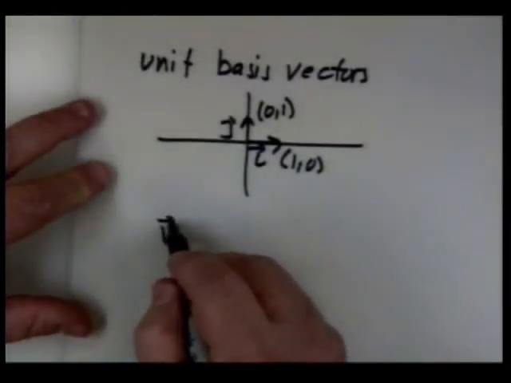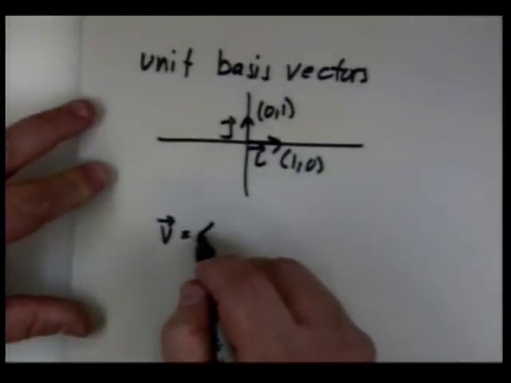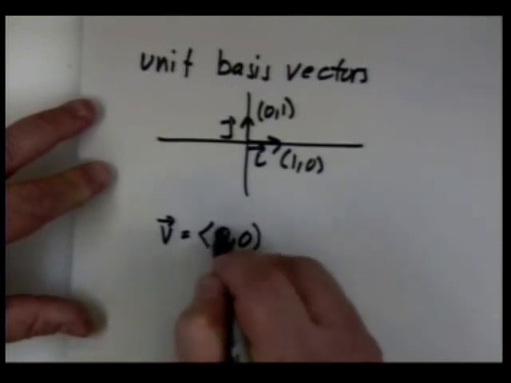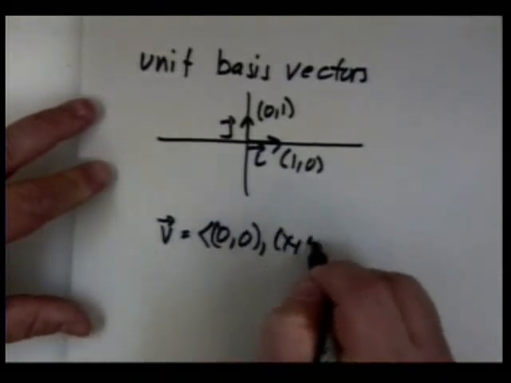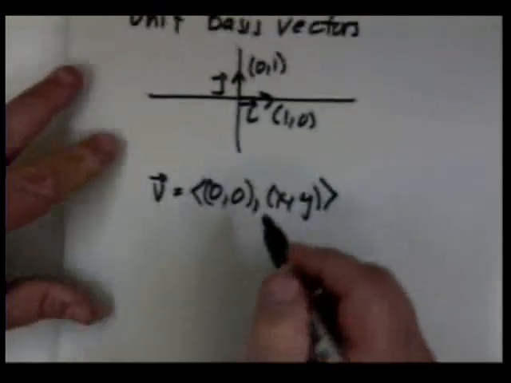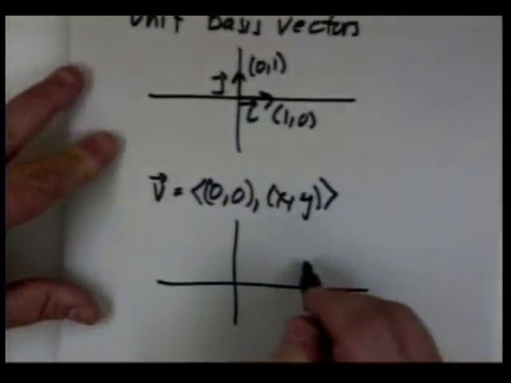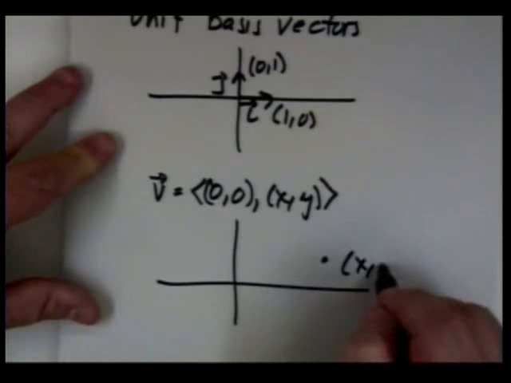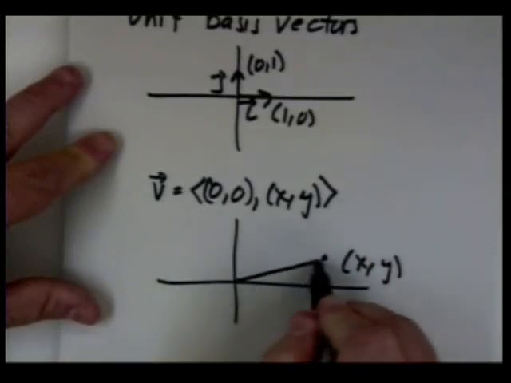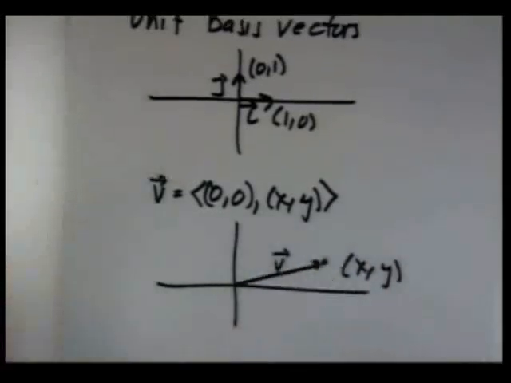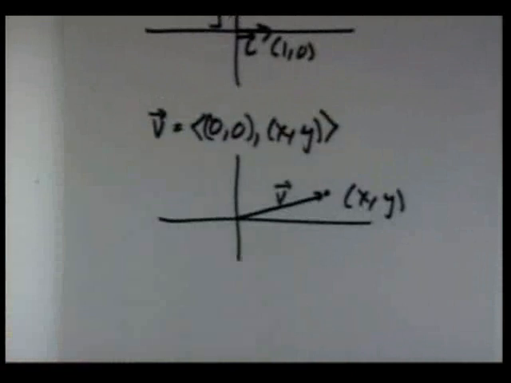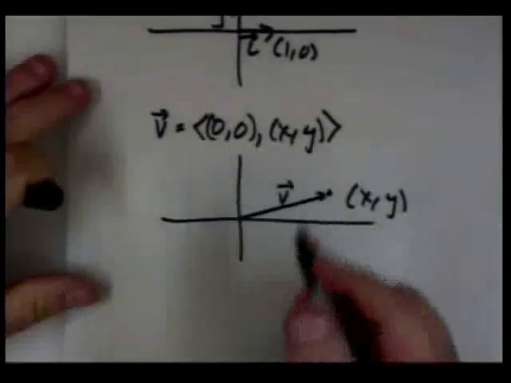If I had vector v as a position vector to the point (x, y), let's say here's the point (x, y), there is vector v. If I wanted to write vector v in terms of numbers x and y, that is so simple to do.